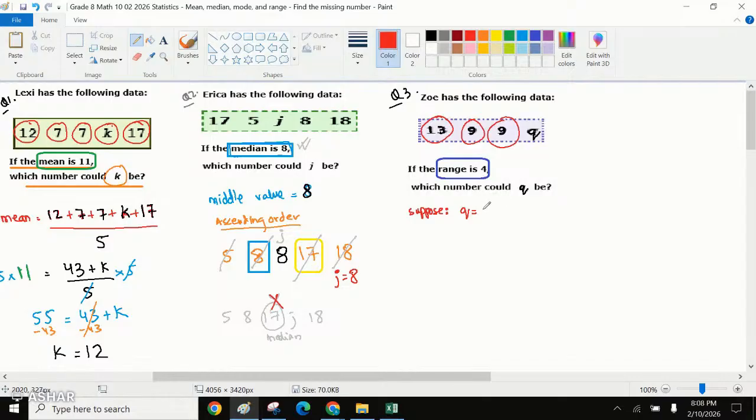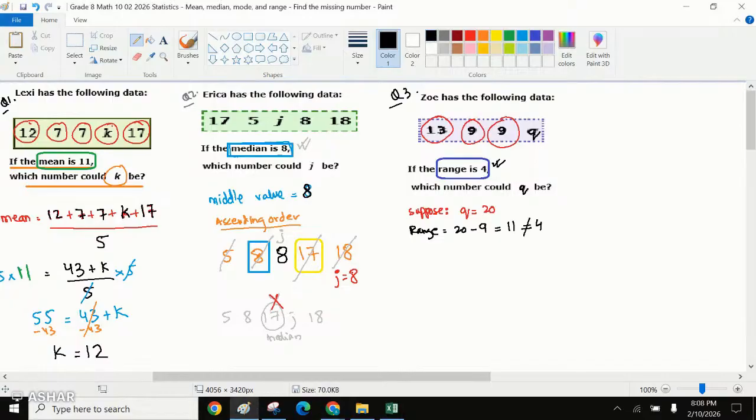Let's suppose we take it to be 20. So the range according to this would be 20 minus the smallest number, that was 9. It is 11, which is not equal to 4 because they are saying the range is 4, right? So we cannot take Q to be 20. So we cannot just keep on assuming the numbers.